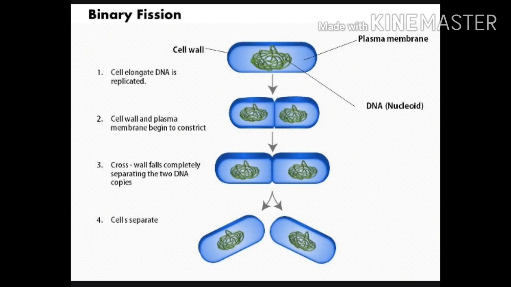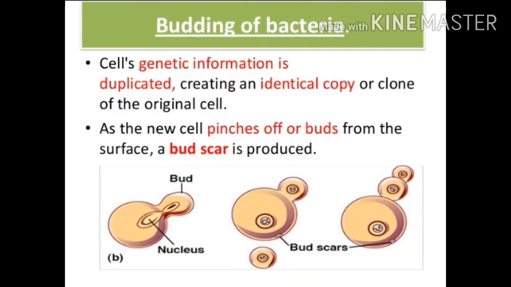The elongation of the cell takes place, because of which DNA will be replicated. There will be formation of another DNA from the previous one. Then there will be formation of the invagination, from which the one cell will get separated, and then there will be formation of two cells of the bacteria. Now the second type of asexual reproduction is budding.